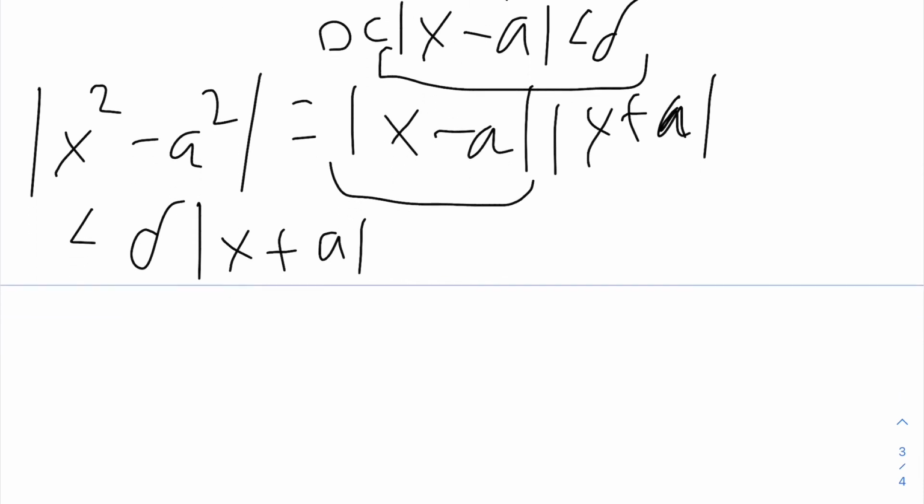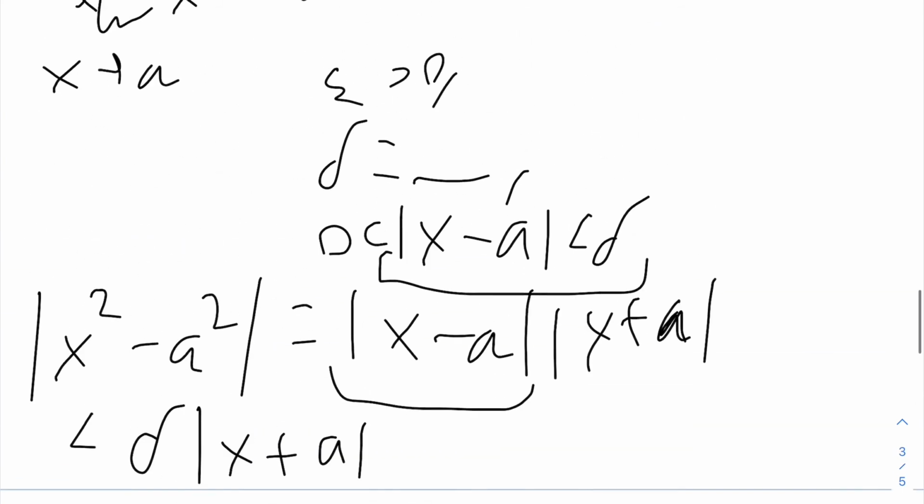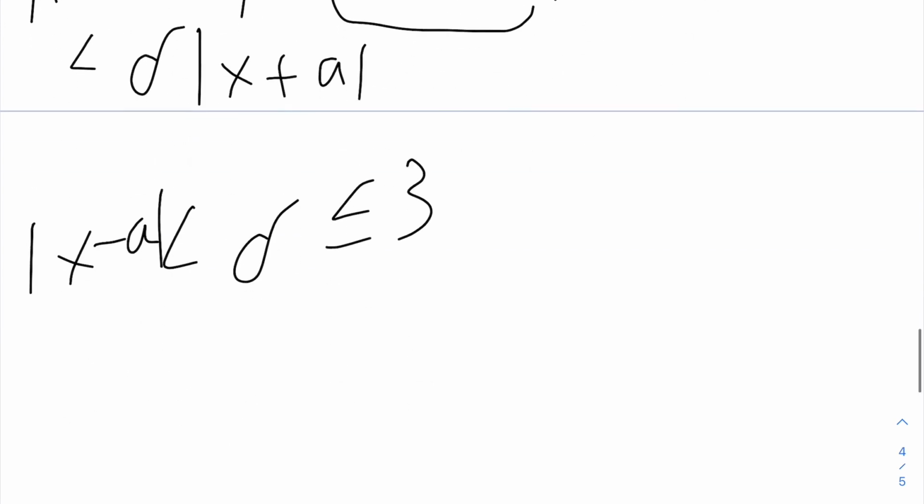And then again, we can assume that delta is less than or equal to 1, but just to show we can use any number, we can say it's less than or equal to 3, for example. And then again, from above here, we know that delta is also greater than |x - a|.